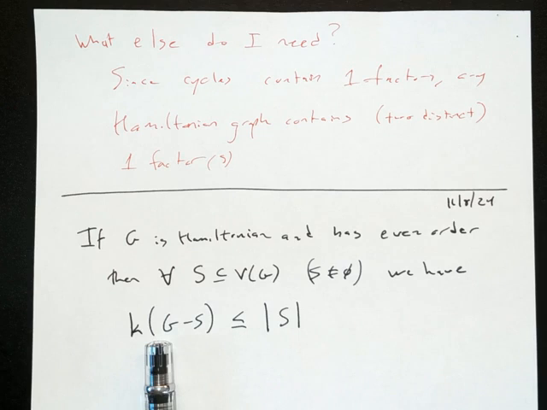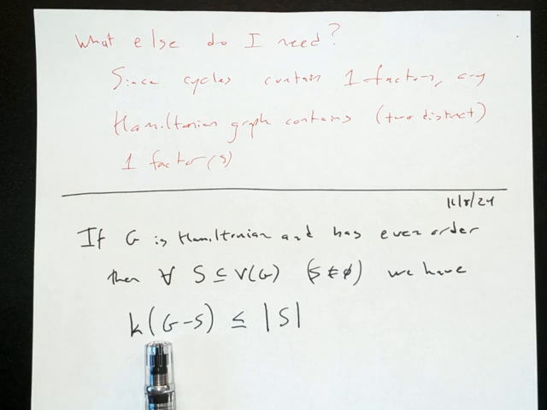So if I take away one, I won't disconnect. If I take away two, I might break the cycle, I might not. But if it's Hamiltonian, then this is true.